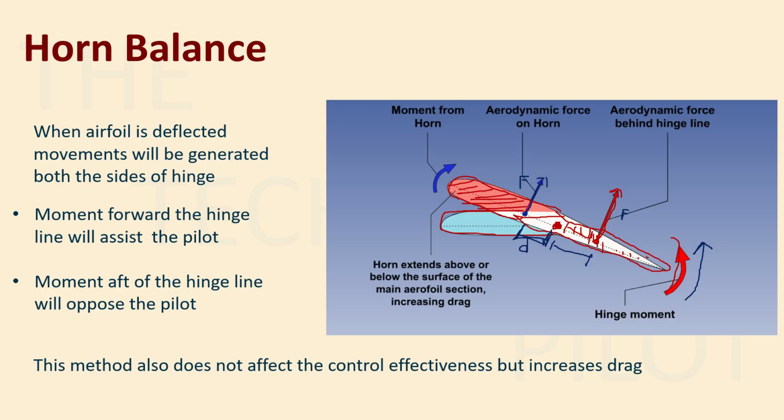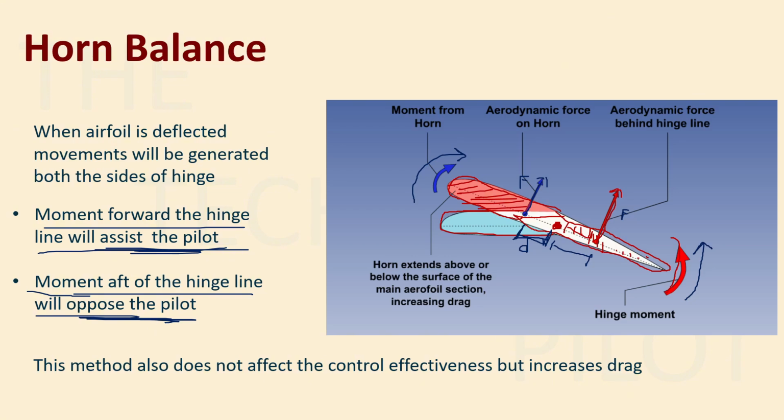So this will also generate a movement, but in the opposite direction. So it will help the pilots, right? So the moments generated by surfaces which are ahead of the hinge line will always assist the pilot, and the moments that are generated after the hinge line will always oppose the pilots, right? So this is how the horn works in a horn balance method.